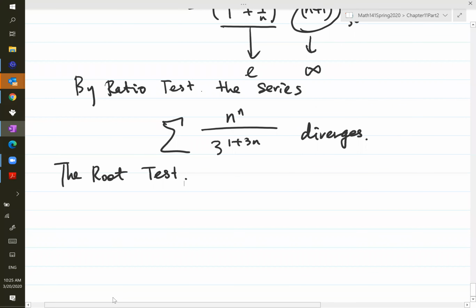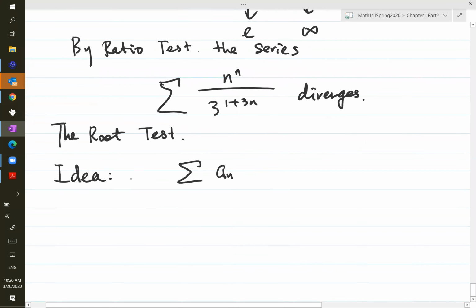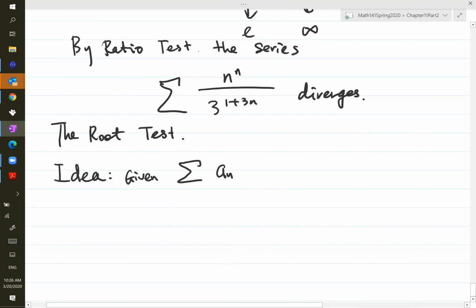This is also comparison with the geometric series. Remember, for the geometric series, the idea: given a series a_n, we consider its absolute value so that every term is positive.